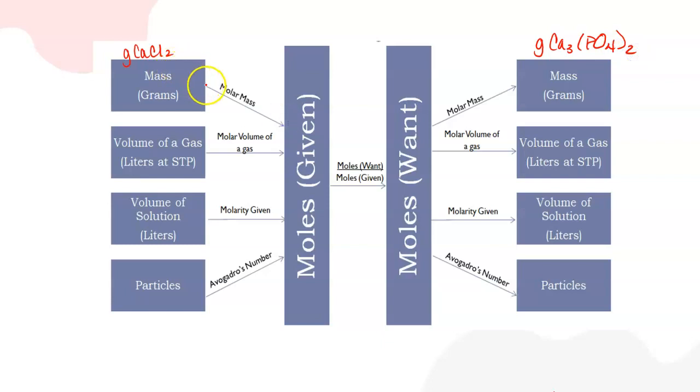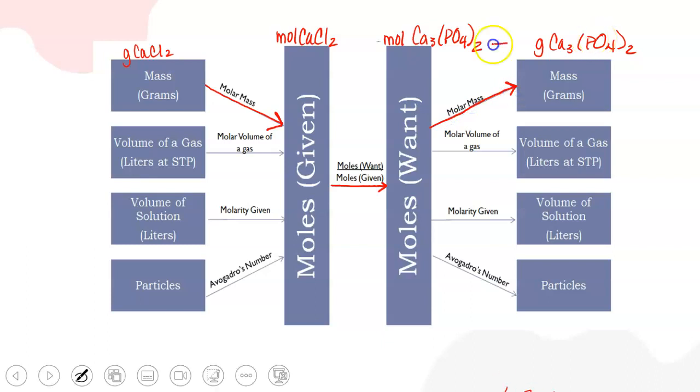If we follow the only path the arrow can go, we're going to use molar mass to find moles of what we were given, which is calcium chloride. I can keep following that arrow. Notice the arrows only go one direction, to moles of what I wanted, which is the new substance, calcium phosphate. And I keep following to get to this path. So I'm going to take this road up here to get to my grams of calcium phosphate. So this is my road map.